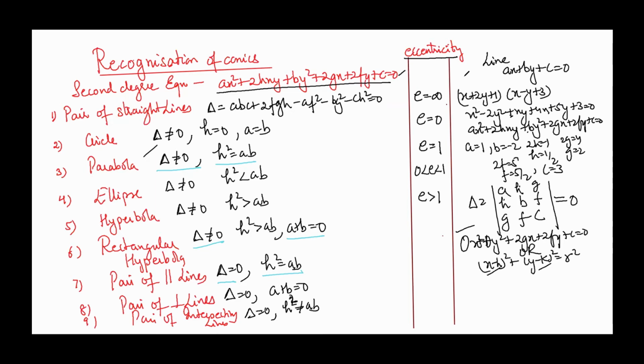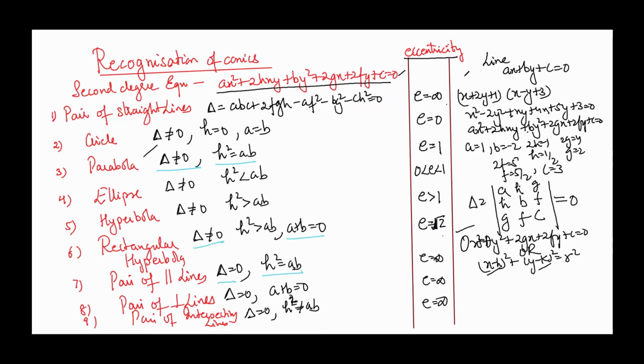And eccentricity of rectangular hyperbola is fixed, that is root 2, greater than 1 but fixed. And the rest, 7, 8, 9, are pairs of straight lines, so eccentricity for all these three cases is infinity.